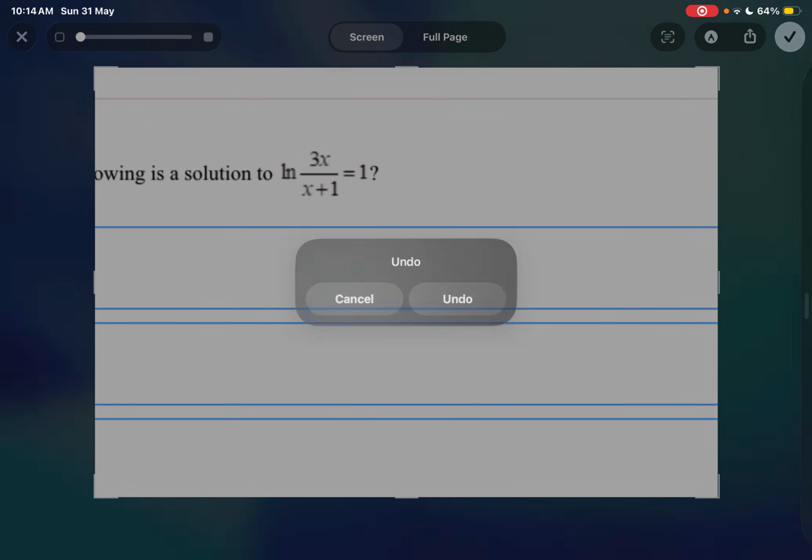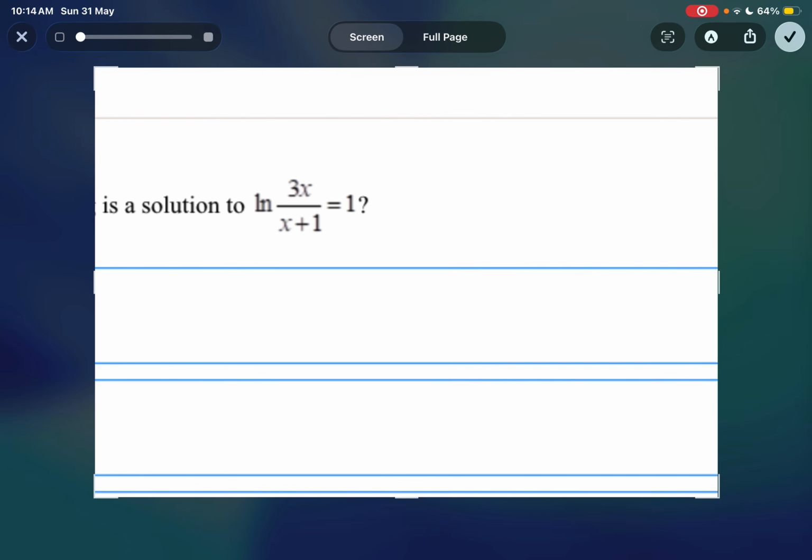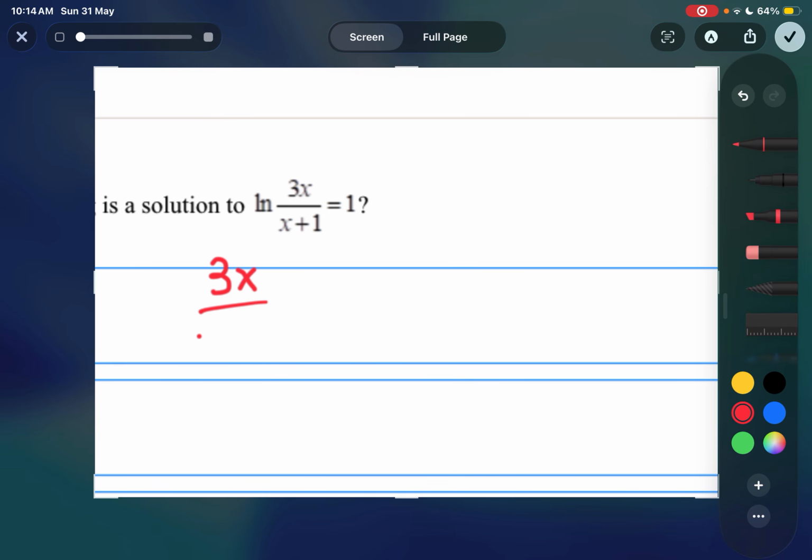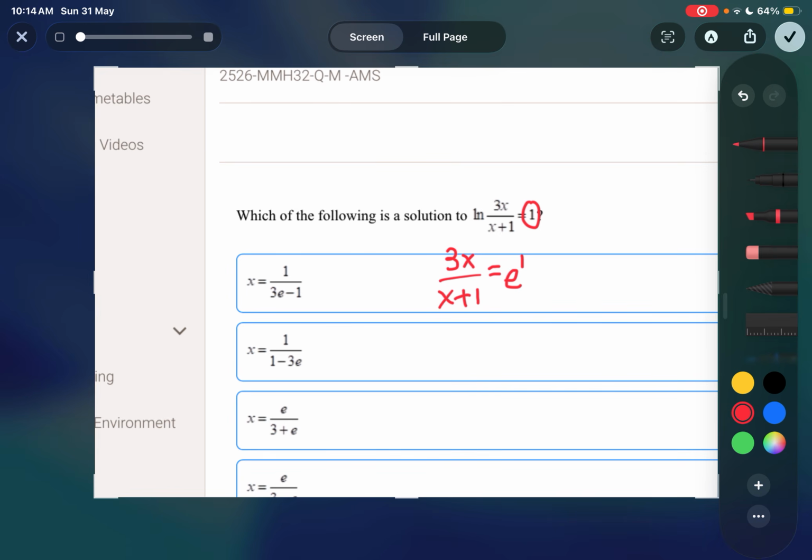and you take the equation, which is 3x over x plus 1, equal to e to the power of whatever number is here, so it's 1. If it was 10 here, it would be e to the power of 10. And then you solve now for x.